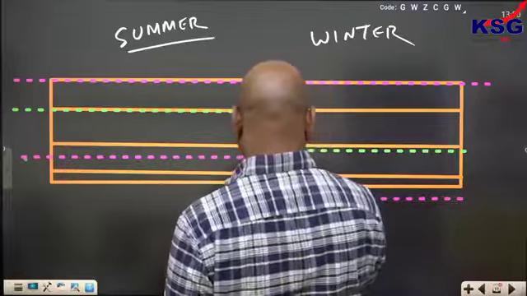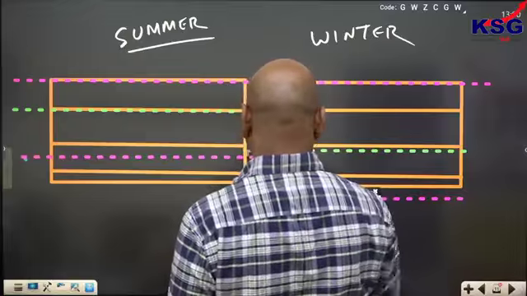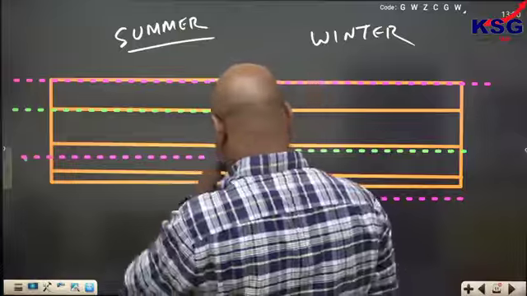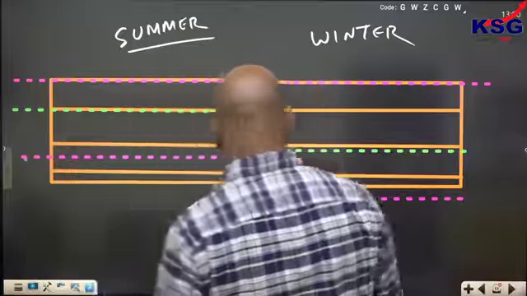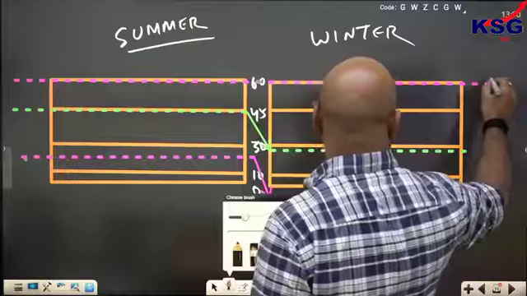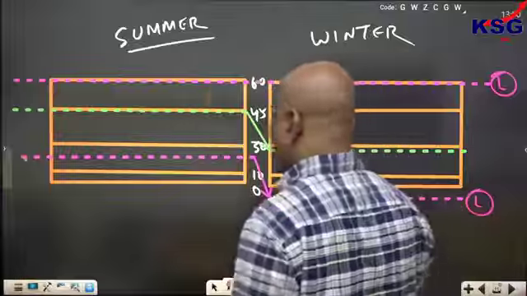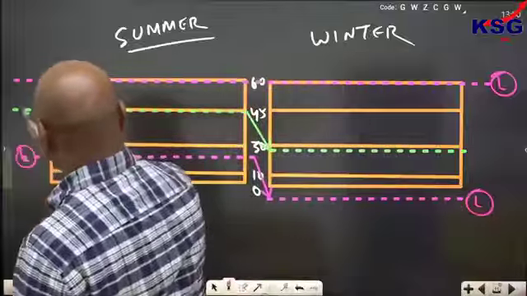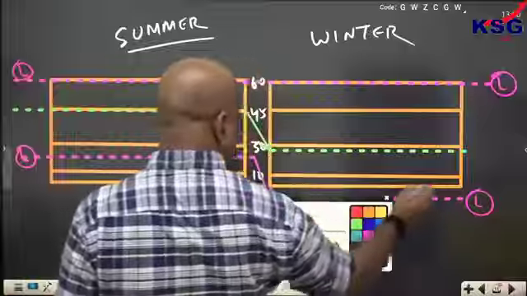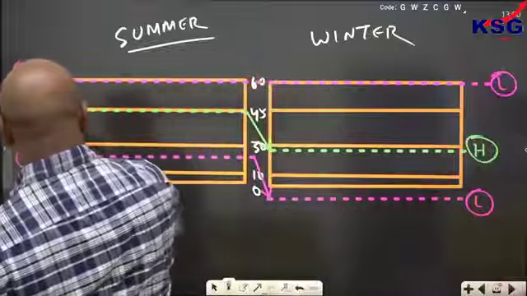I had done something like this earlier also. But this pressure belt is unaffected. Here is the low pressure, here is the low pressure, here is the low pressure. The high pressure here gets shifted seasonally. This high pressure.